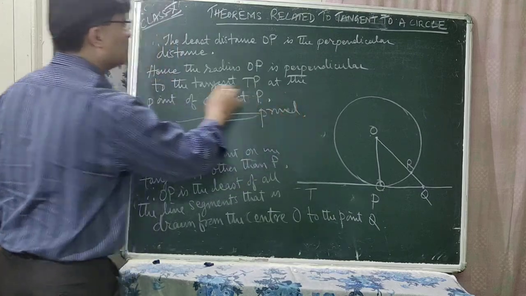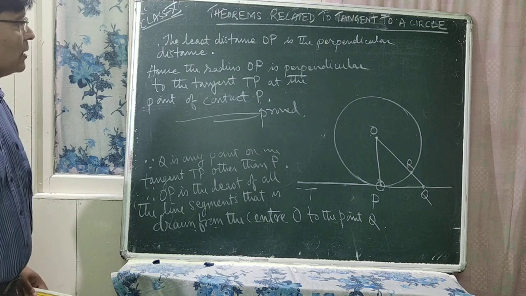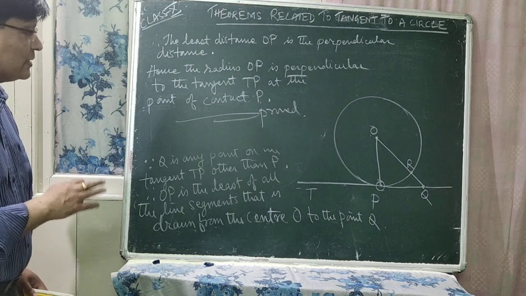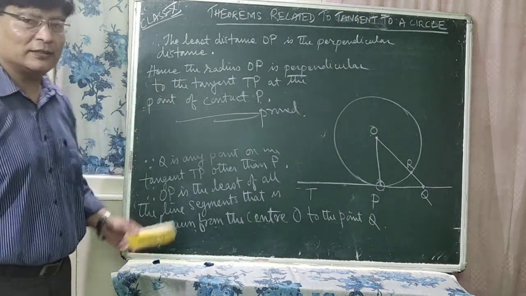We have proved the theorem that the radius OP is perpendicular to the tangent TP at the point of contact P.